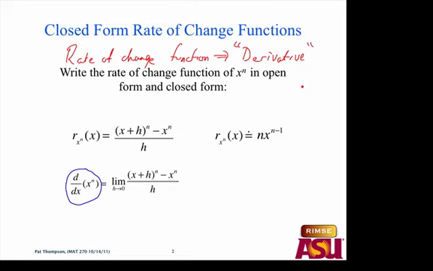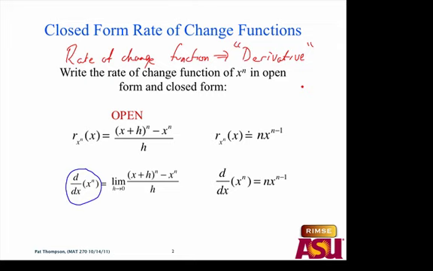So then what about exact in closed form? We already have the closed form. The column on the left is our open forms. Based on average rate of change, the first one is an approximating rate of change.